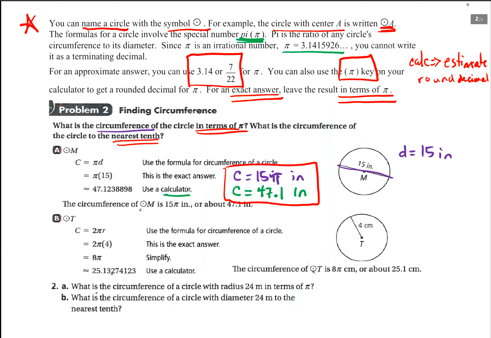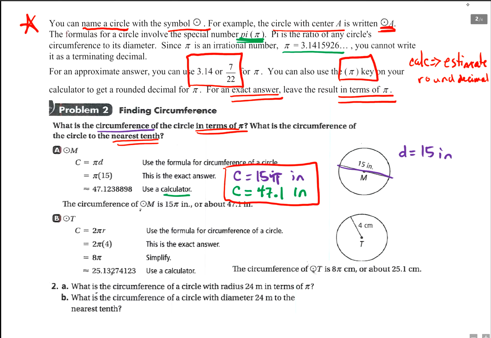Rounding is always done very last. Very, very, very last. So if we want an estimated answer, if we want a decimal, we put it in our calculator, just 15 times pi, and we end up with 47.1. If we want to leave pi out of an equation, you just don't put it in your calculator.